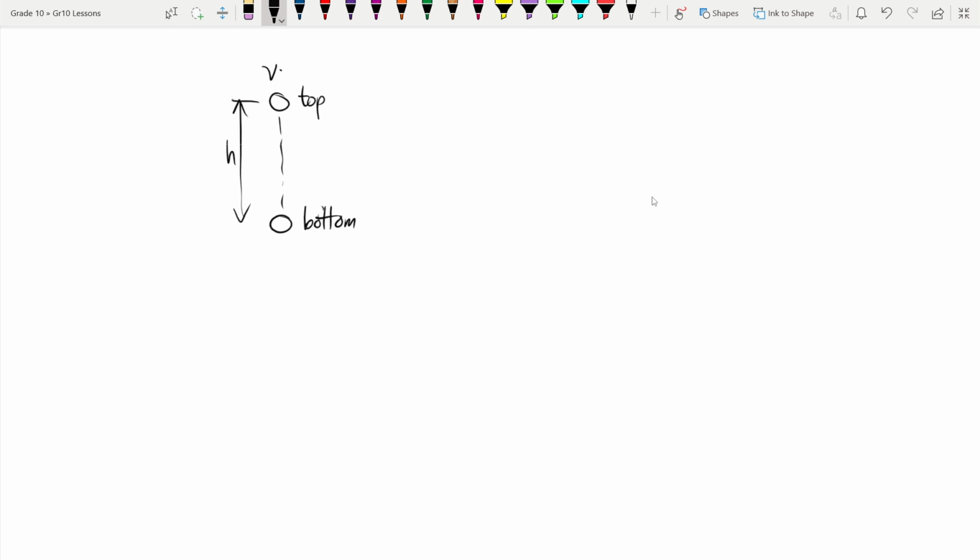What is the velocity at the top? Let's say 0. And then the velocity at the bottom is unknown, but the height is 0 at the bottom. So you'll say the mechanical energy at the top is exactly the same as the mechanical energy at the bottom. That's all they're looking for. Therefore, at the top, once again, it's EK plus EP. I like to start with EP, but it's fine with any.